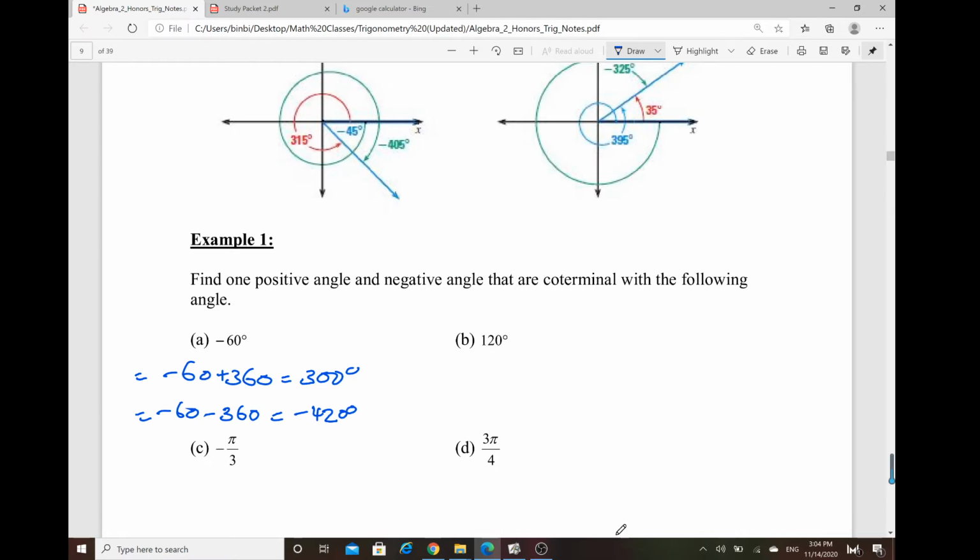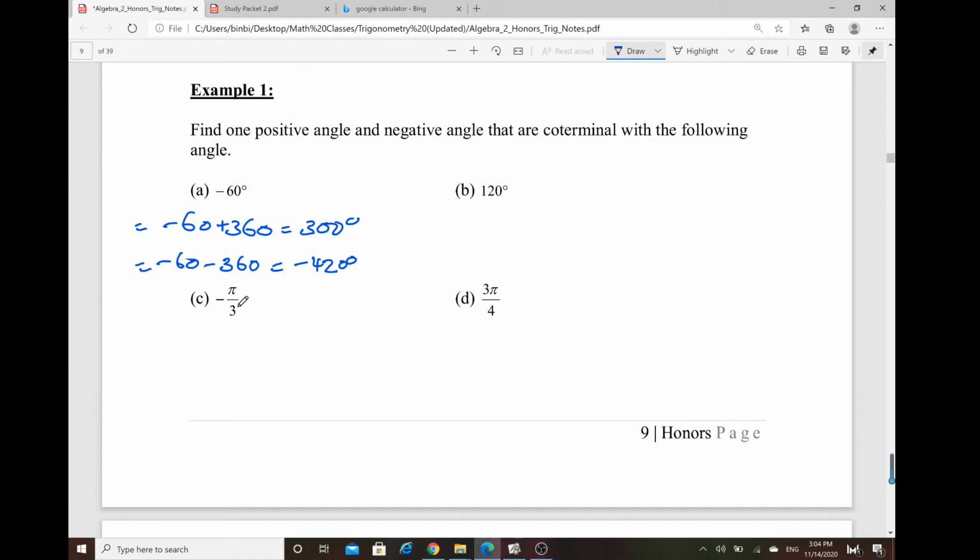The other one is quite similar, so let's take a look at the one with the negative radian. Negative pi over 3. To get the positive coterminal, we add 2 pi, because 360 degrees is just like 2 pi. So negative pi over 3 plus 6 pi over 3 would be 5 pi over 3.